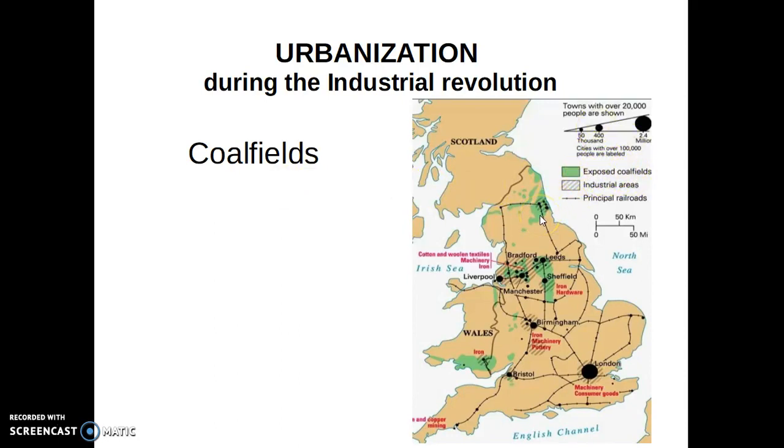Usually, the new factories were located close to the main coal field in order to get the coal easily. Therefore, some of the most important industrial cities, such as Manchester, Liverpool, Sheffield, and Leeds, developed in the areas of the coal field, as you can see on the map, where the coal fields are colored in green.